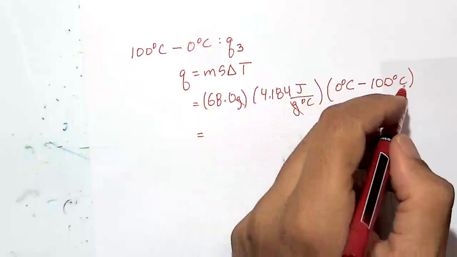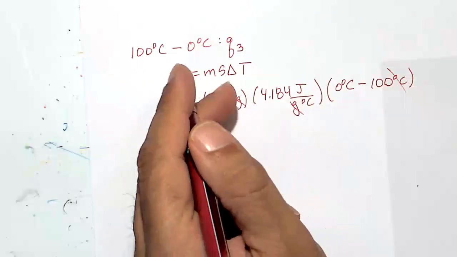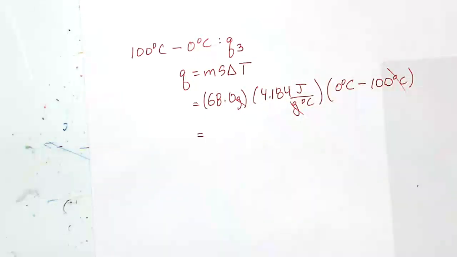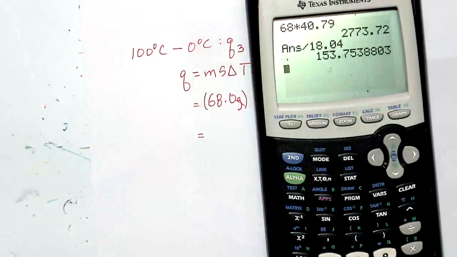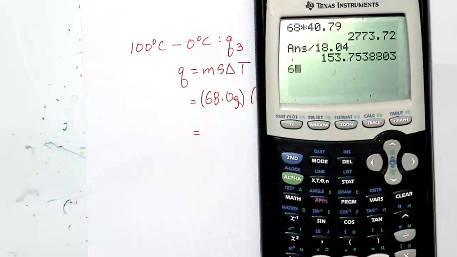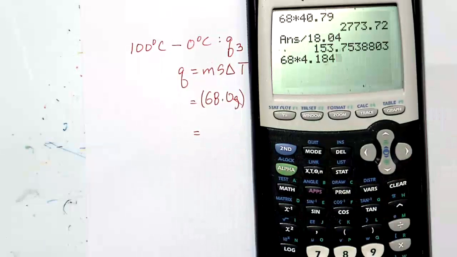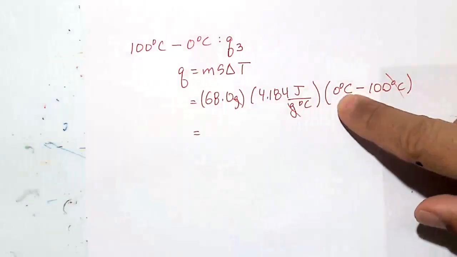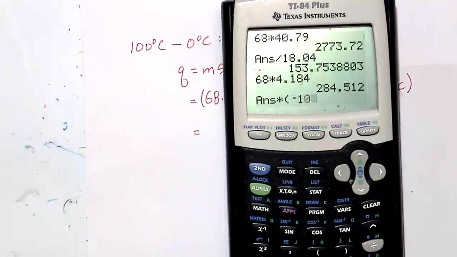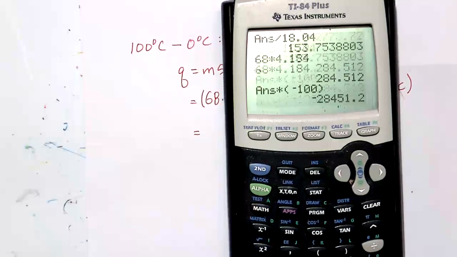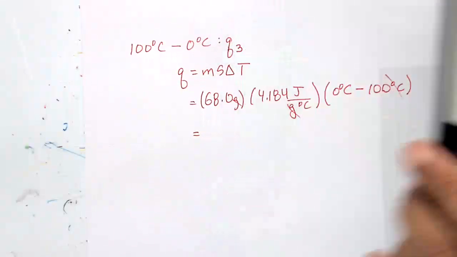All right, the grams cancel, degrees C cancel, and then we'll get this in joules, and we'll convert it to kilojoules. All right, so 68 times 4.184, times minus 100, and this is minus 28,451 according to my calculator.